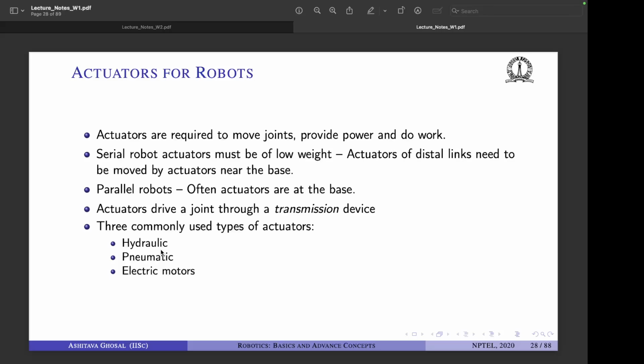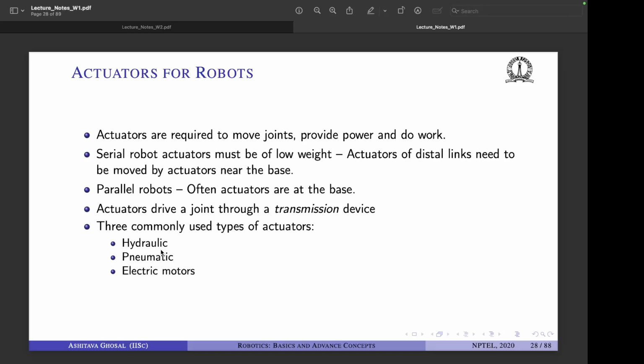The arm of that JCB is being moved hydraulically. Although that's not a robot, it's an example of a hydraulic actuation system. And pneumatic is basically by using the flow of compressed air, right? In hydraulic, a special oil is used, in pneumatic, compressed air is used, and the third is using electric motors.